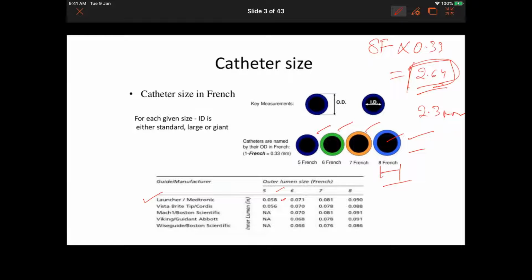And for the Cordis one it is 0.056. So these variations are there. Whenever you choose a guide catheter, it is always good to opt for a guide catheter which has the largest internal diameter. So this is what there is about sizes here. To sum up: for a guide catheter, the French size mentioned is the outer diameter, but for the sheath, the French size mentioned is the inner diameter.